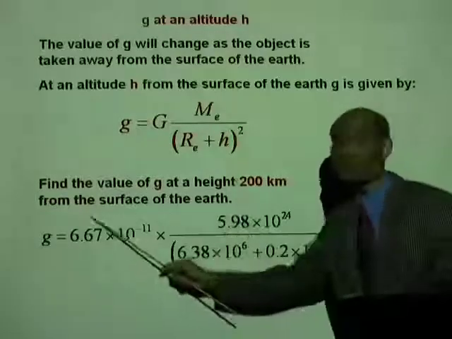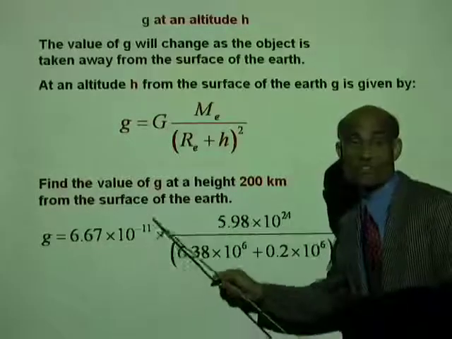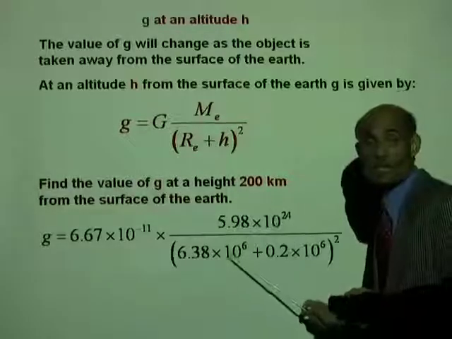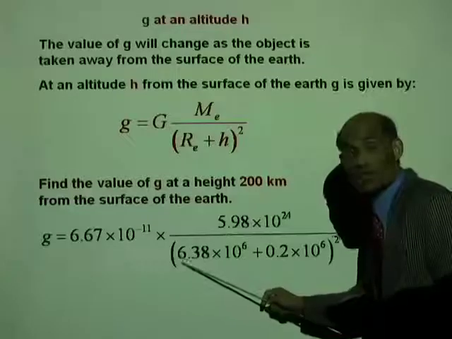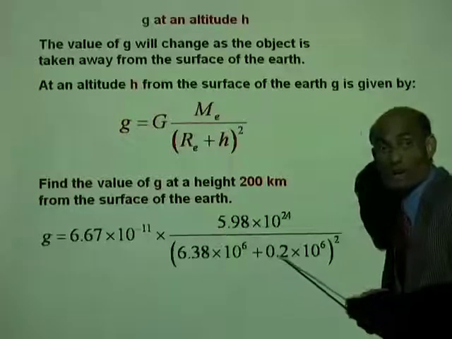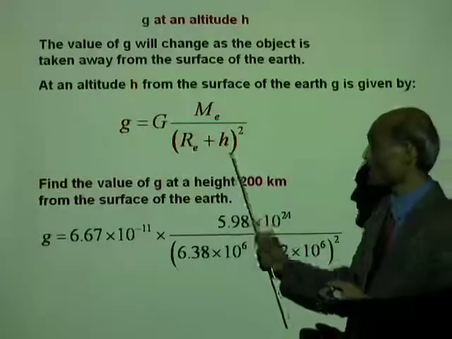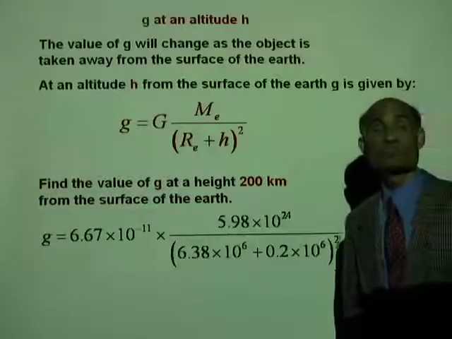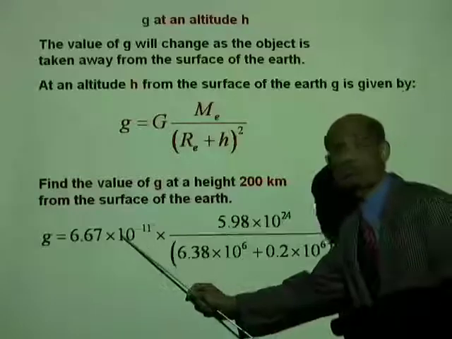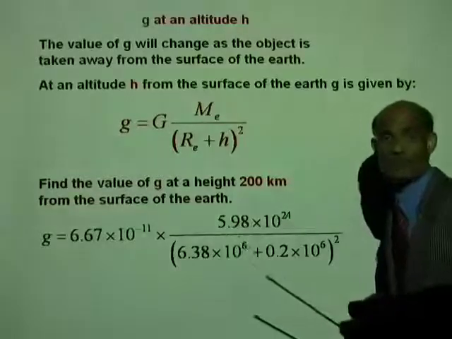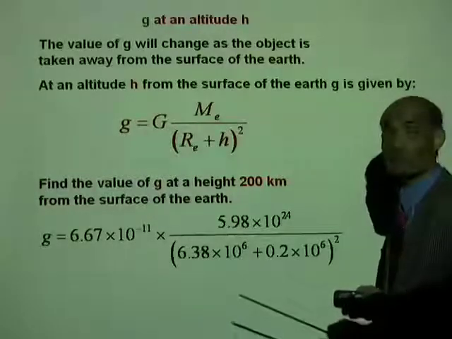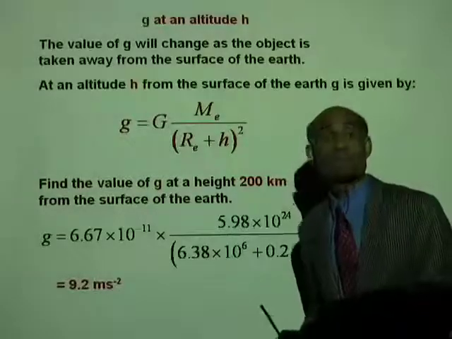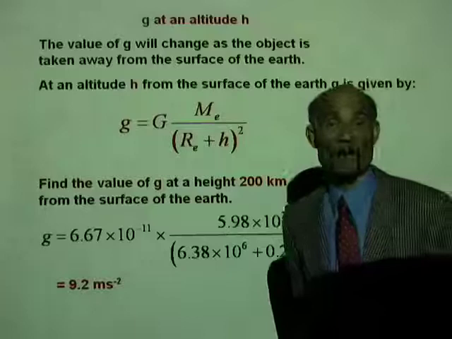Let's put all those things there. 6.67 times 10 to the negative 11 times mass of the Earth divided by radius of the Earth plus the altitude, at 200 kilometers is 0.2 times 10 to the 6 meters. Alright, can you use your calculator to work out what this is? That will give you 9.2 meter per second squared.